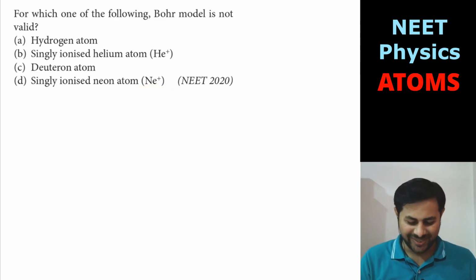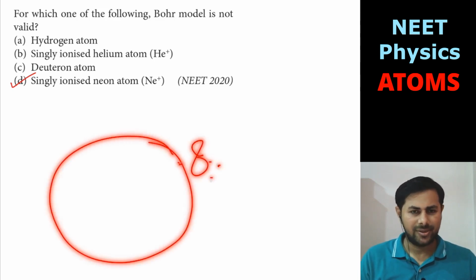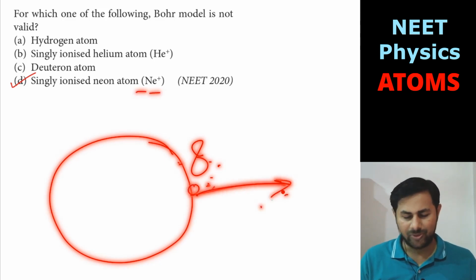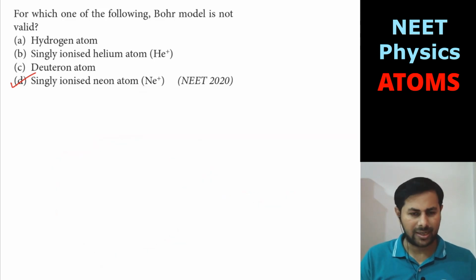It's option D, right? It's very simple. There would be 8 electrons in the outermost orbit of neon. If you remove one, singly ionized means if you remove one, still 7 are remaining. So Bohr's model doesn't fit there.